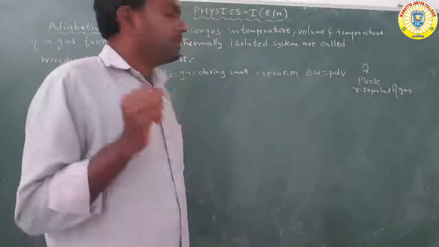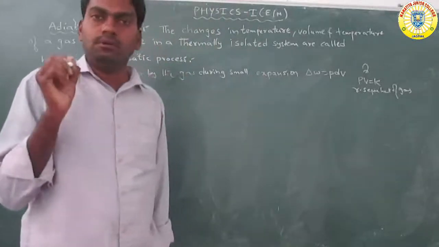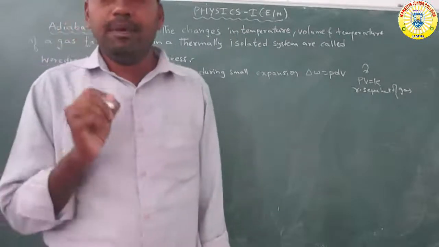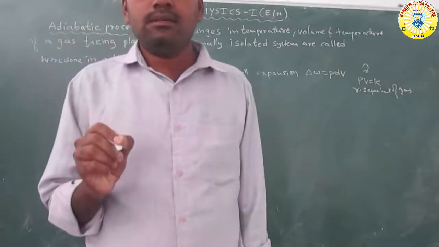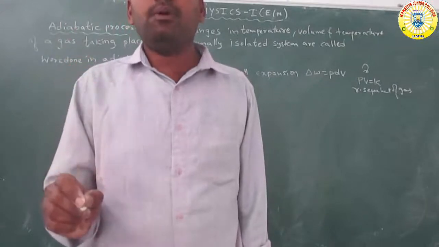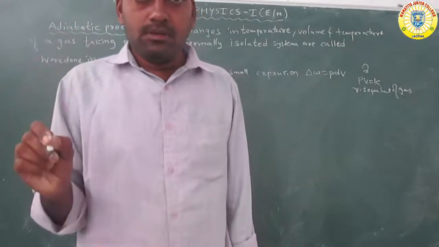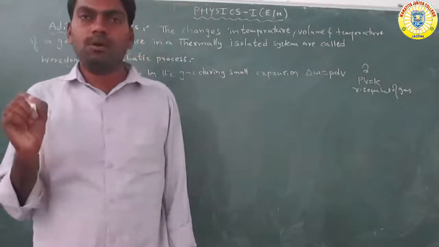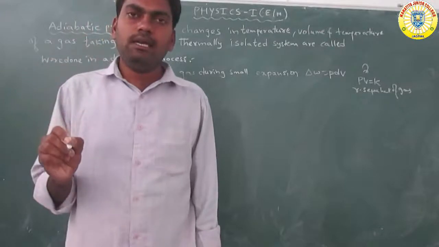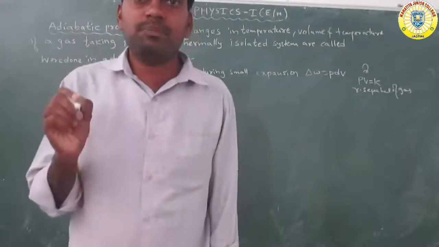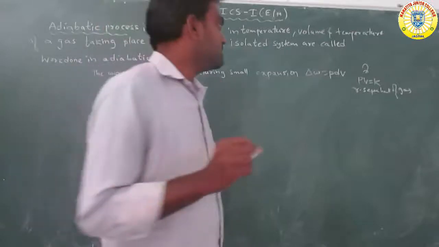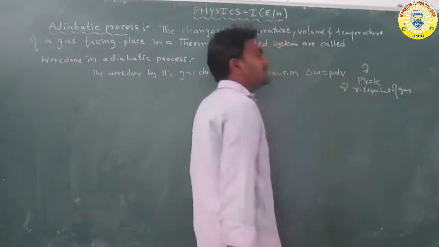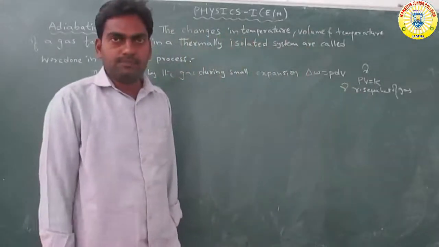So the gas expands adiabatically in a small expansion, dW is equal to P dV, and PV to the power of gamma is constant.